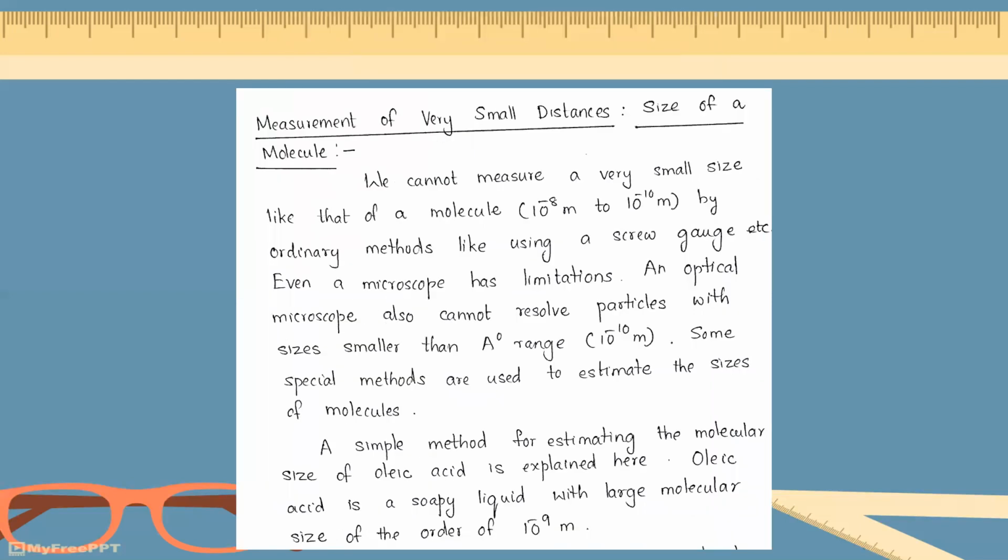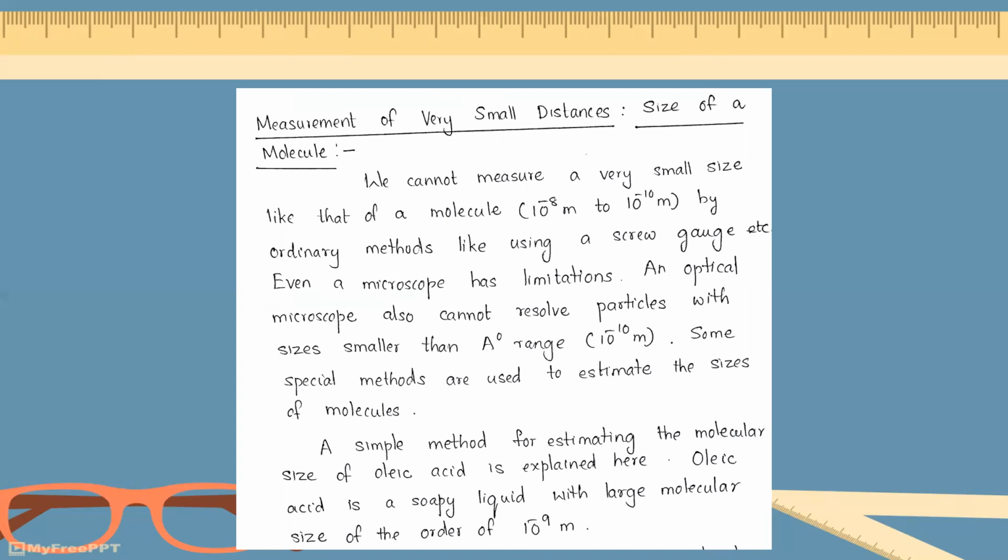Now, how to measure very small distances? Just now we have seen how to measure very, very large distances. Now we will see how to measure very small distances. Very small means size of a molecule, size of an atom, size of an electron, size of a proton.